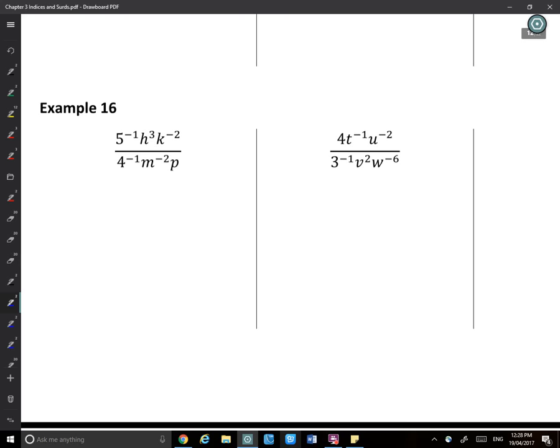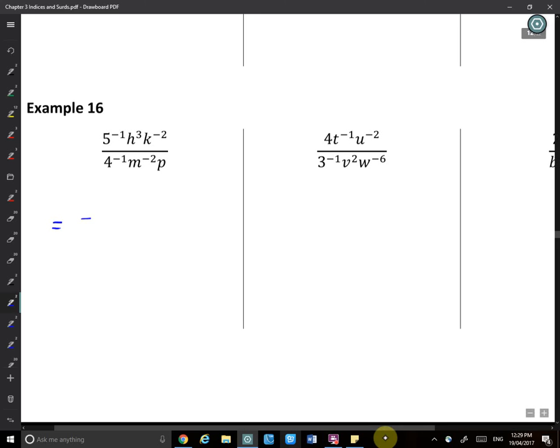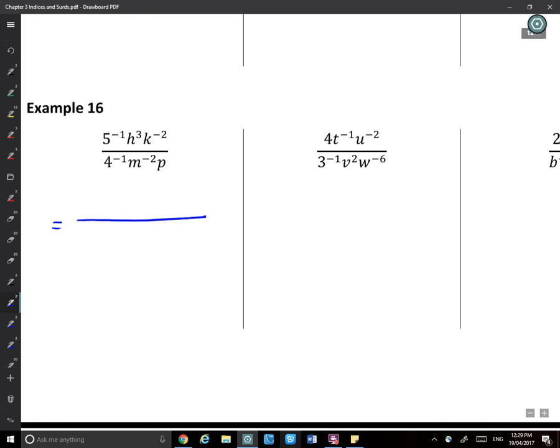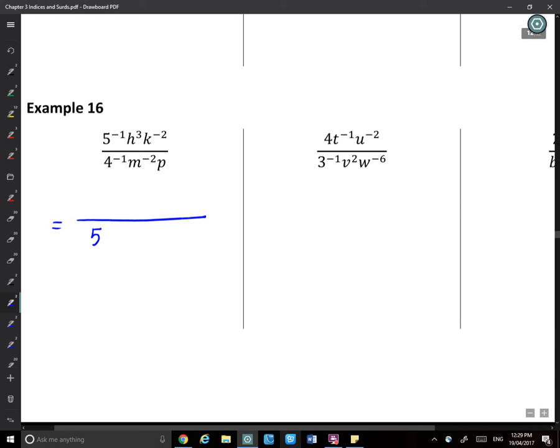You have 5 to the power of negative 1, right? The negative 1 will be a 1 over 5. It's on the numerator now. If you change it to the denominator, the negative sign can directly go. So if I want it to be positive, it needs to be changed to the denominator, so it will be the 5 here.